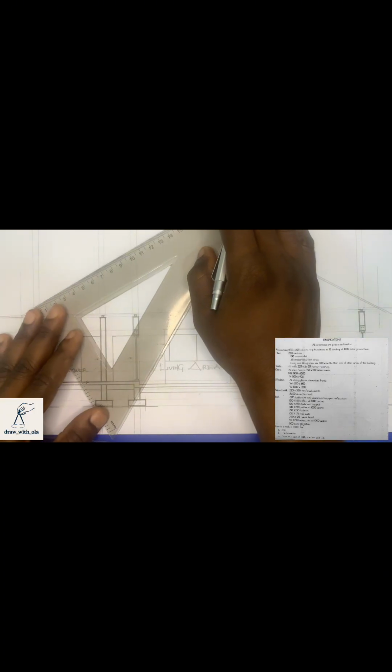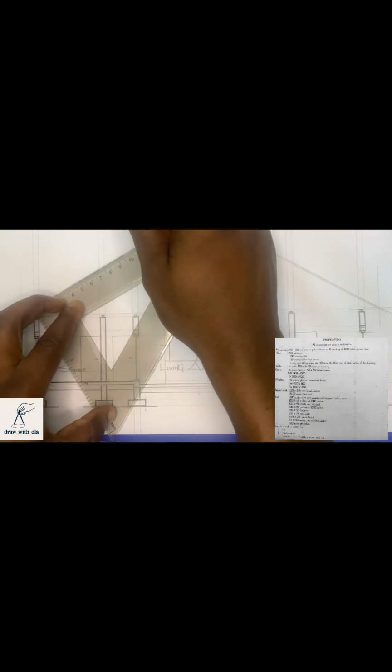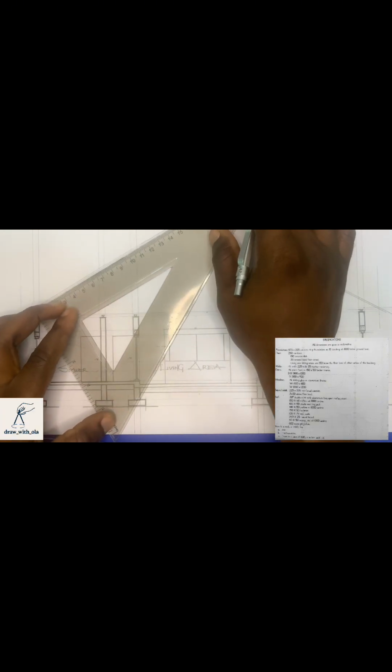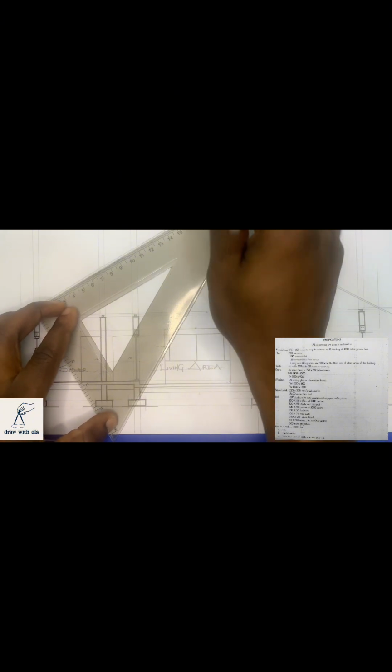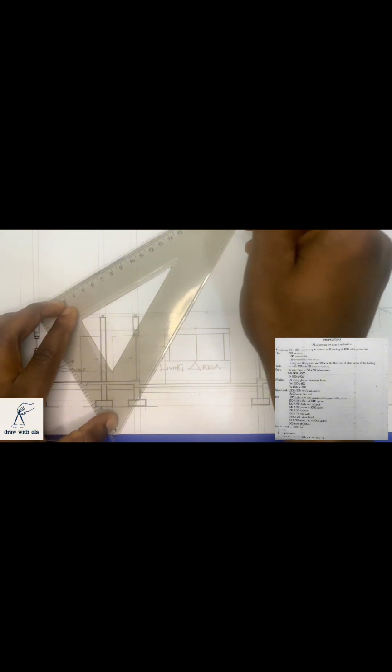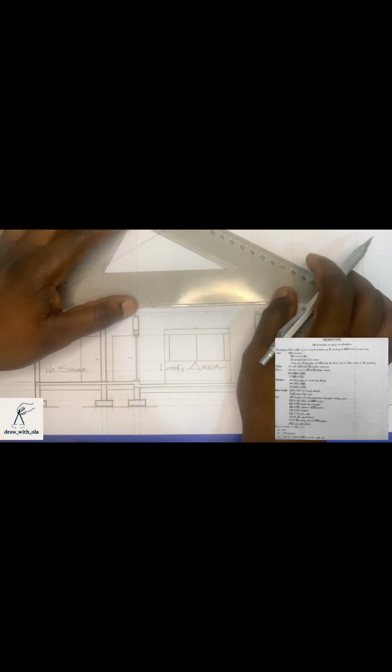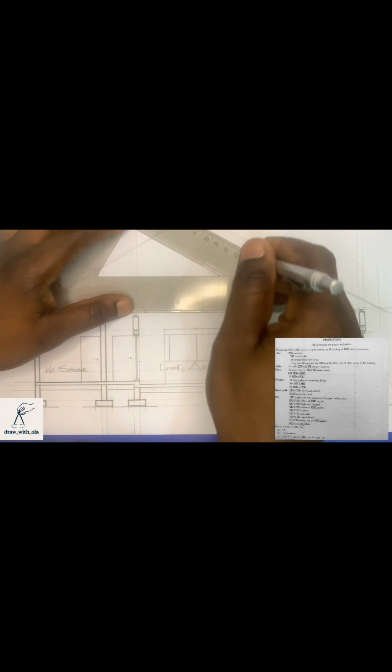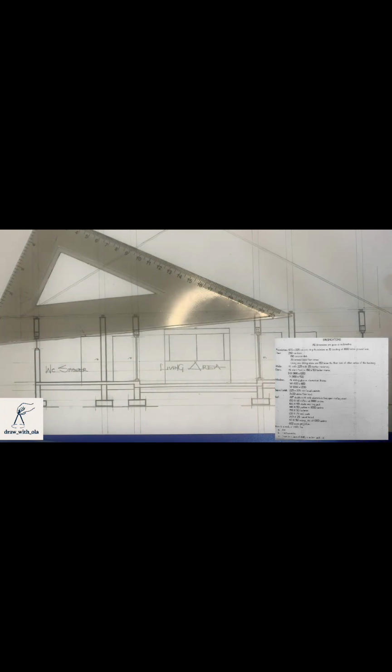Go ahead and project this line, extend it to make contact. All right, so clean the excess lines.